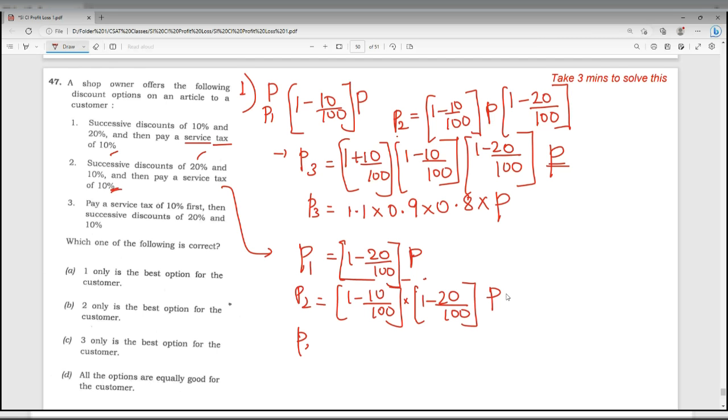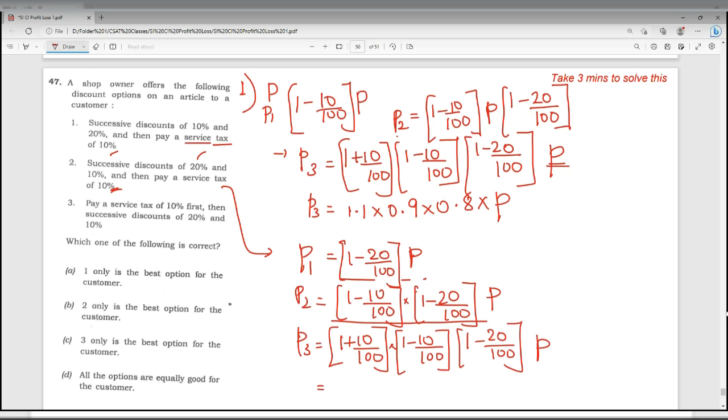The final price P3 includes the 10% service tax into P2, so I will substitute the value of P2 directly here. This is 1 minus 10 by 100 into 1 minus 20 by 100 into P, and this is nothing but 1.1 into 0.9 into 0.8.